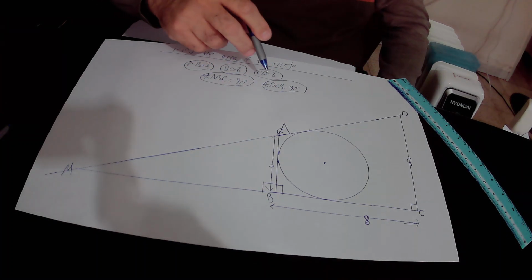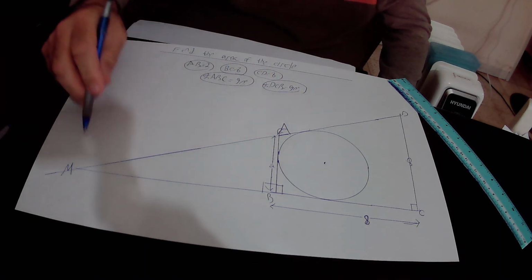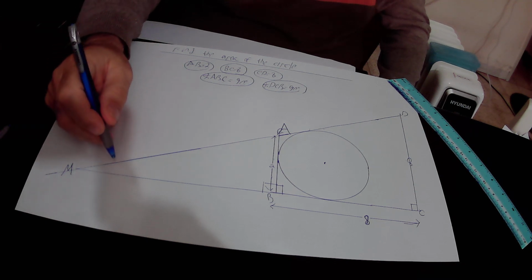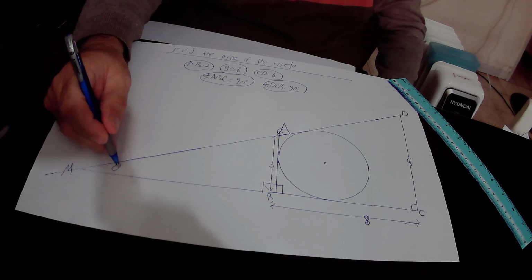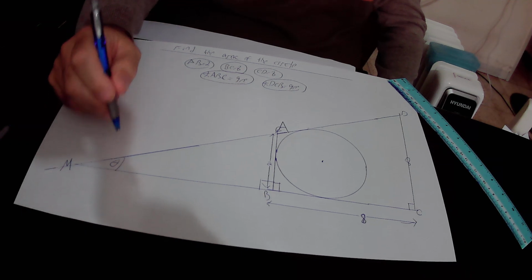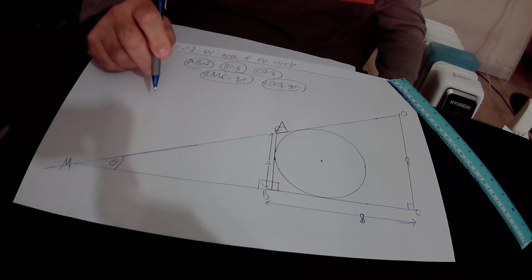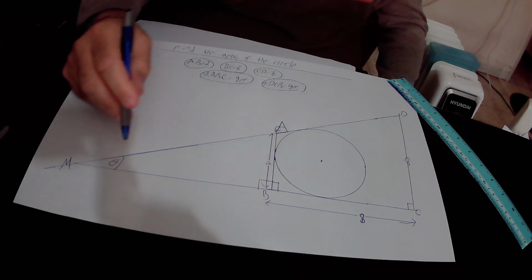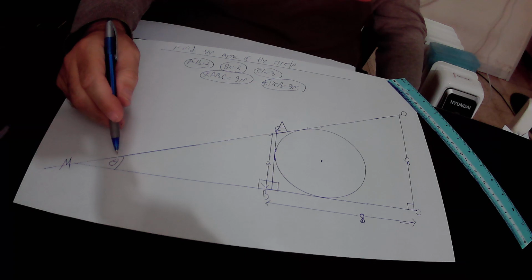We focus on the right triangle ABM. We define this angle AMB as theta. In the right triangle ABM, we have this angle equal to 90 degrees and this angle equal to theta.